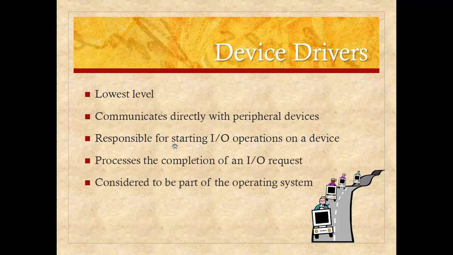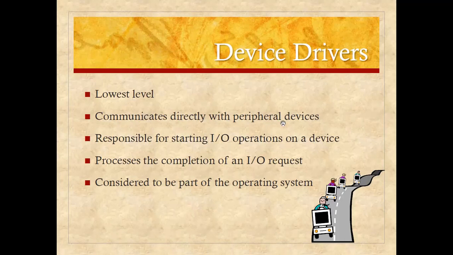It is responsible for starting IO operations on a device. Obviously, any external device is just a hardware part. If you want to interact with the hardware, suppose your CD or your external hard disk, which does not have any kind of battery or processing units to run it, only the device driver is required to access those kinds of hardware devices.